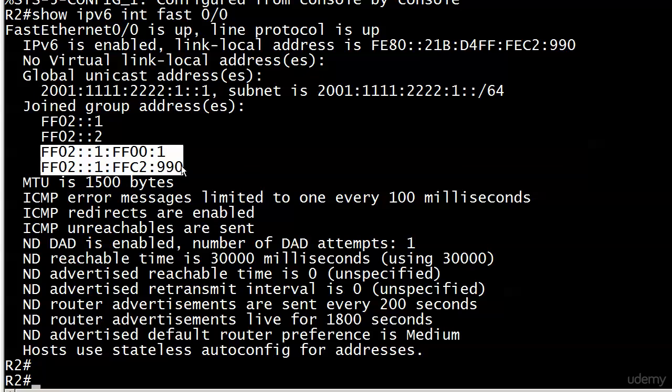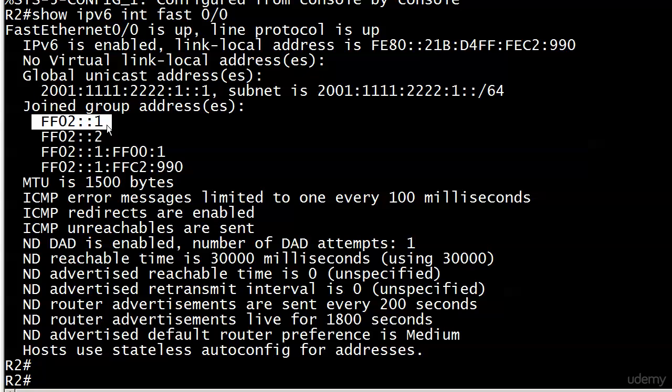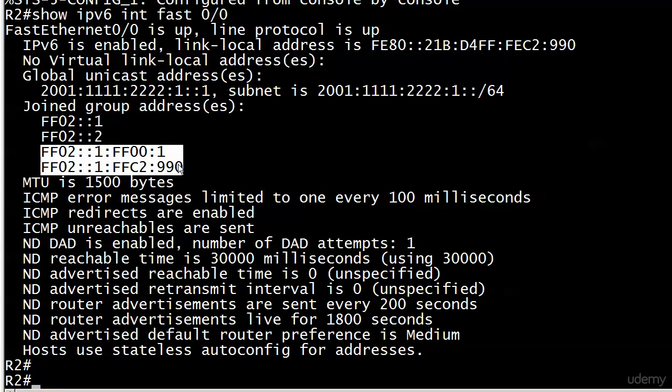And that's these 2 addresses, these 2 joined group addresses that we have yet to discuss. And we didn't join any of these groups, of course, manually, but we know now that FF02::1, that's all IP version 6 hosts, FF02::2, all IPv6 routers, and then these 2 longer addresses down here are the SNMAs.